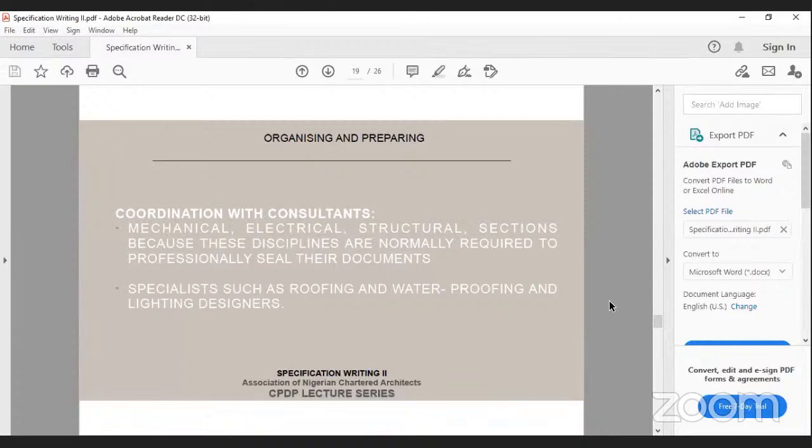Often, you have the mechanical engineer, the electrical, the structural, who may need to put their own specification in order too. And sometimes they need to draw reference from your own. The reason these specifications must be written by them is they will also professionally seal their documents. When you put a seal on a document, it's proprietary.